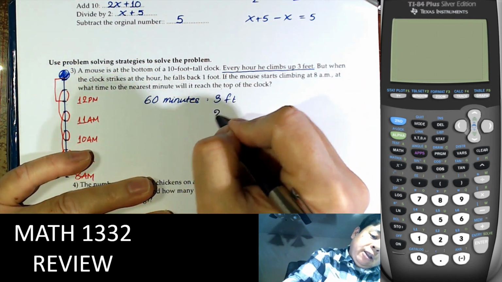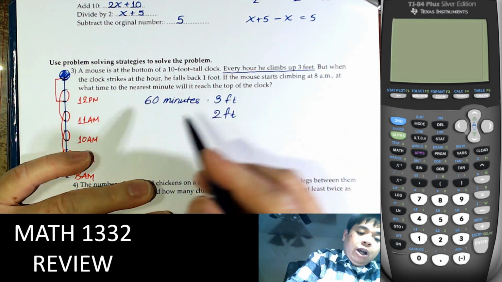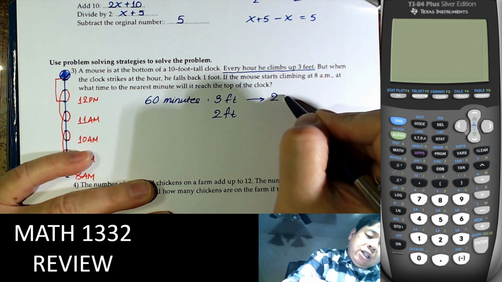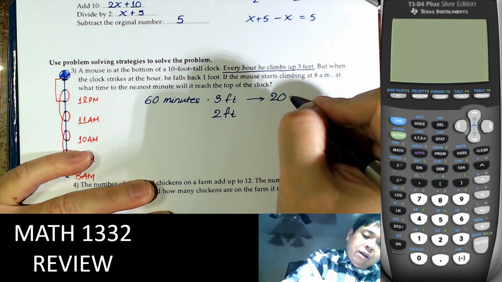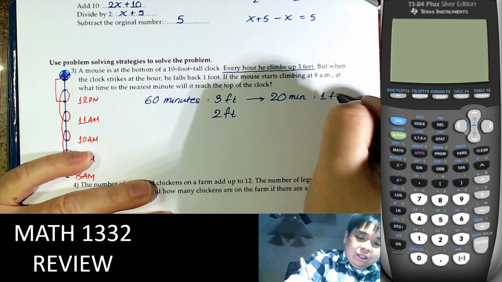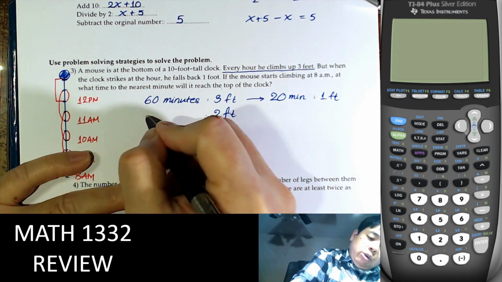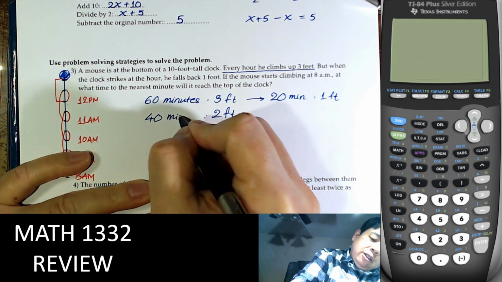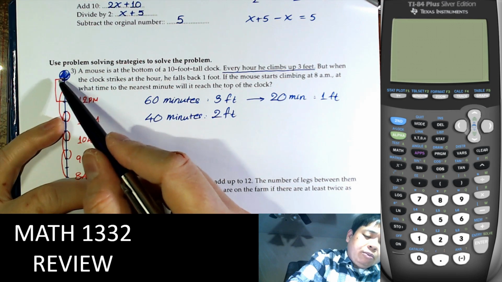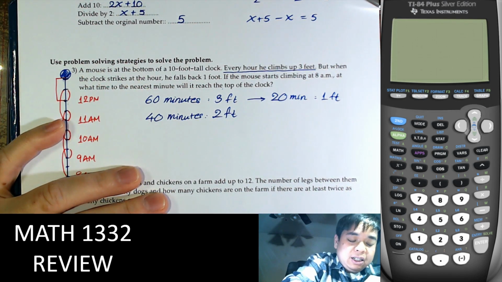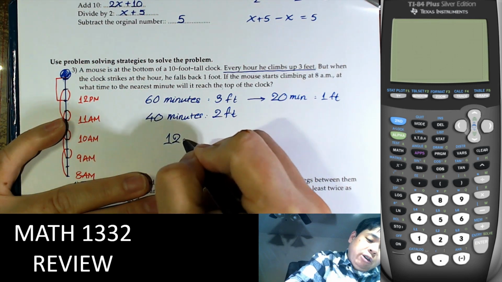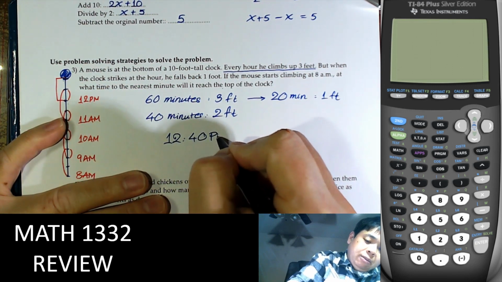So 60 minutes for 3 feet, meaning the speed is 1 foot per 20 minutes. For 2 feet, we have 40 minutes. So it takes 40 minutes for the mouse to climb 2 feet. So we have 40 minutes after 12, and that will be 12:40 p.m.